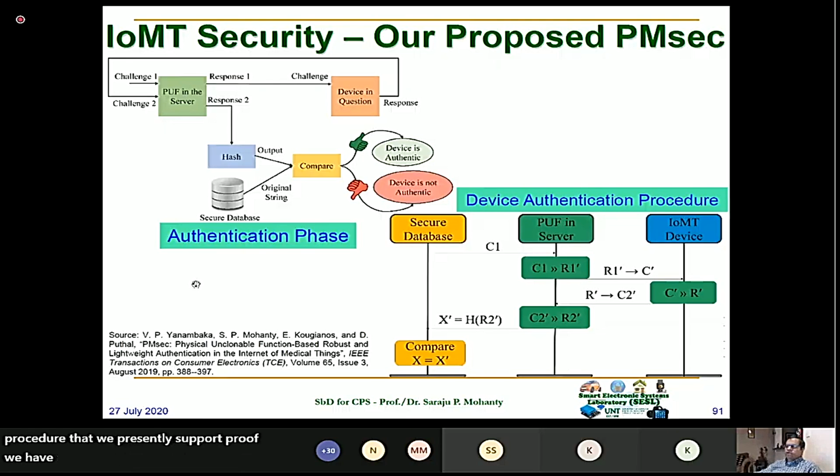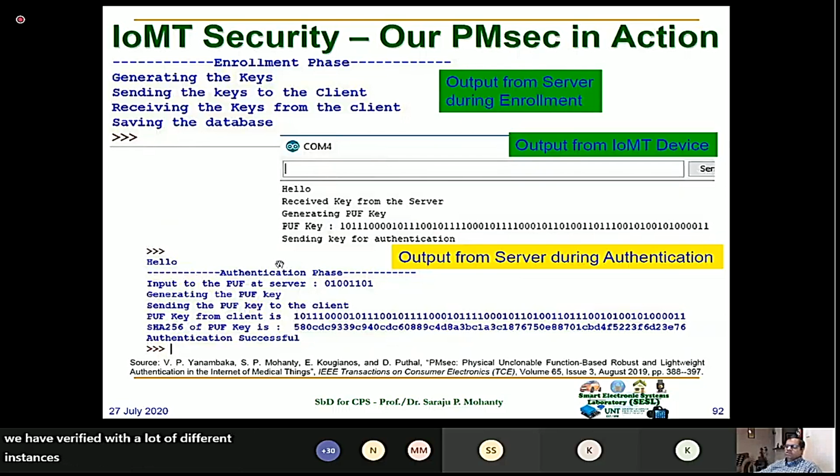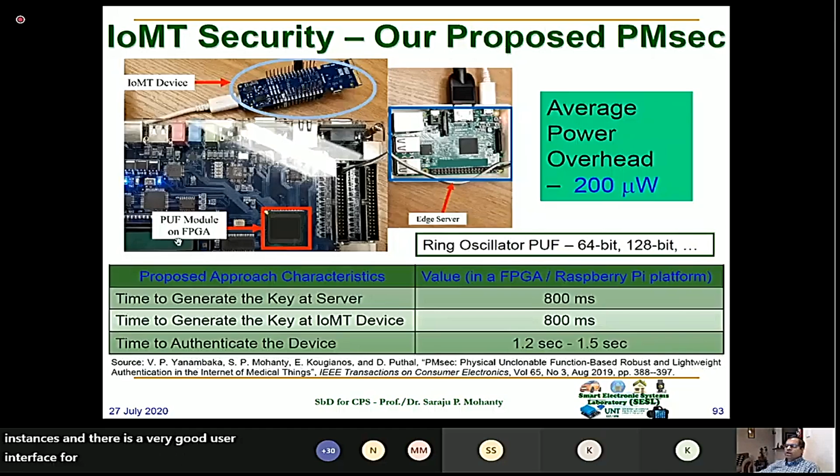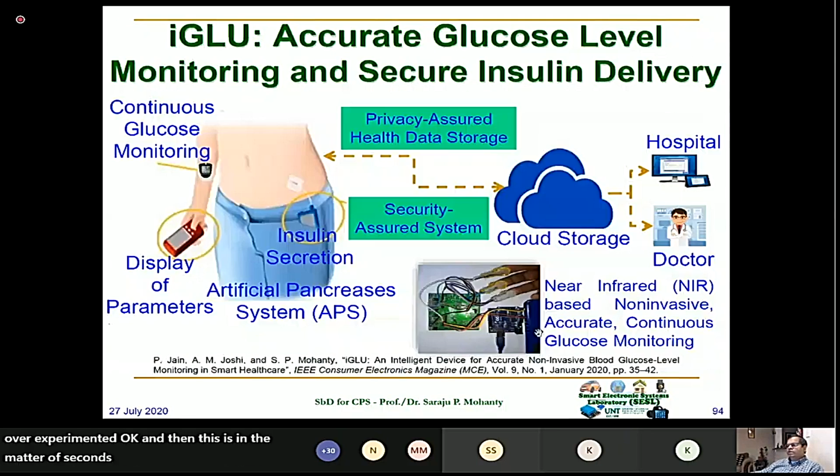We have verified it with a lot of different instances, and we designed a very good user interface, and overall there were excellent results with the 200 microwatt average power. Okay, a lot of readings with different data points, and 64-bit and 128-bit key widths were experimented. Okay, and within seconds we are able to verify the security.